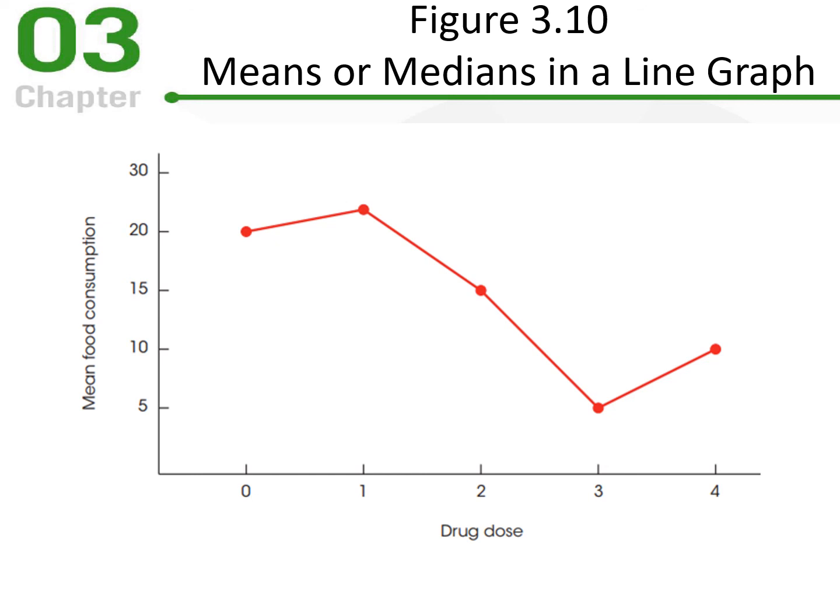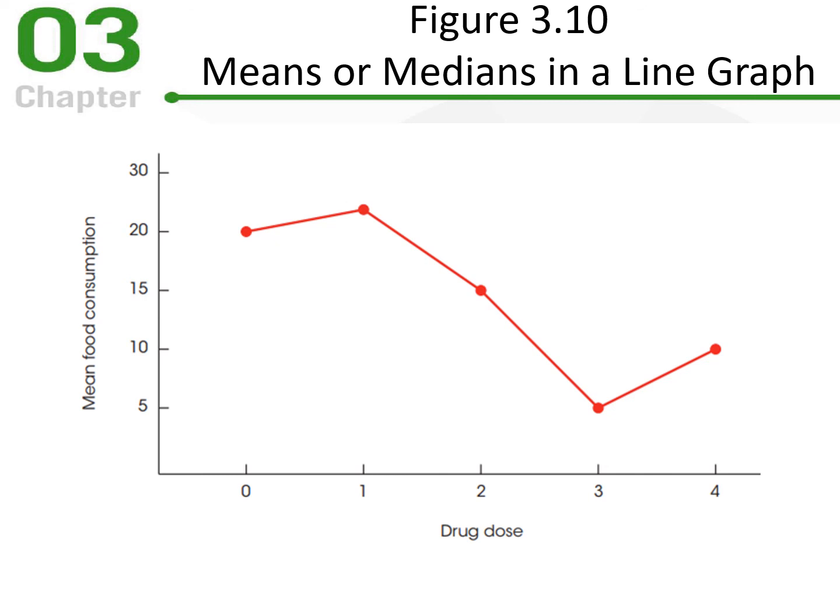So if my x-axis is time, like time 1, time 2, time 3, then I like to see a line graph. I don't really like to see it here with dosage, because if drug dosage is really continuous here, and then I'm measuring two continuous variables, I'd rather plot a correlation. So I'd rather do a correlation and calculate a scatter plot here rather than draw this as a line graph.